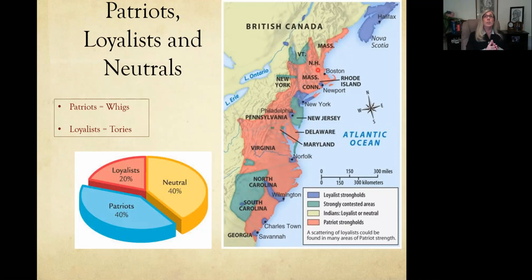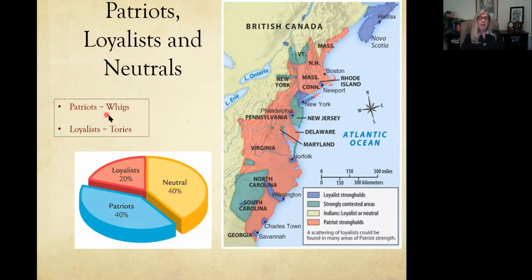Now, please emphasize in your notes, the Coercive Acts were a response to the Boston Tea Party. It was not a response to the Boston Massacre. The Boston Massacre happened 3 years prior to the Boston Tea Party. These are separate events, same location, separate events. So make sure that you don't get confused on that.